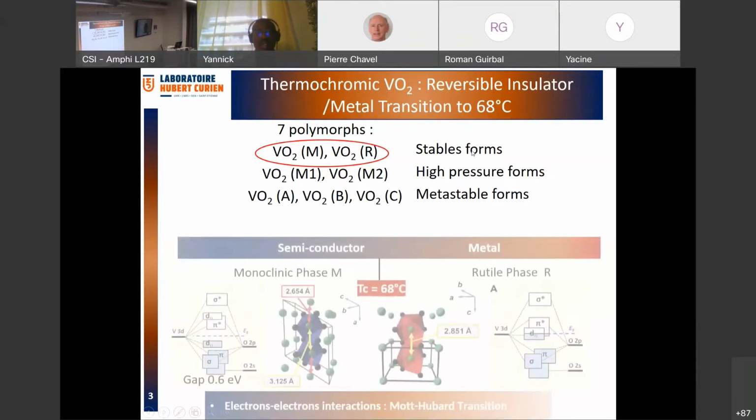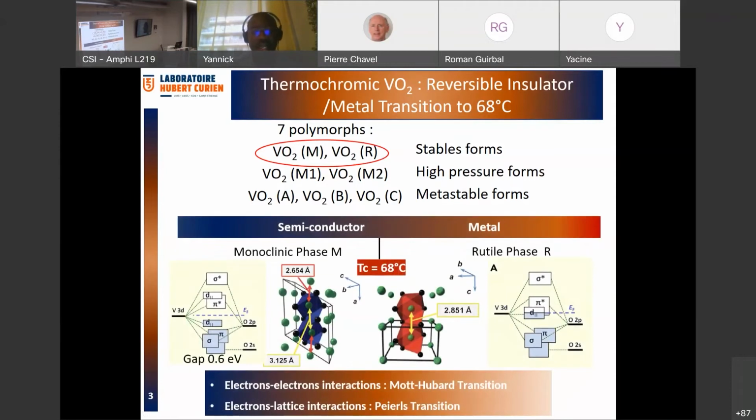The idea is that this material has 2 phase transitions. There is an electronic transition going from semiconductor to metal: semiconductor below 68 degrees Celsius, and metallic above 68 degrees Celsius.